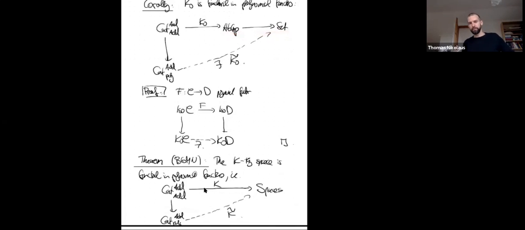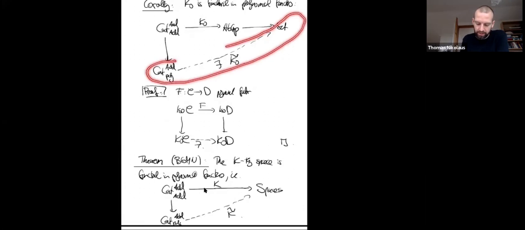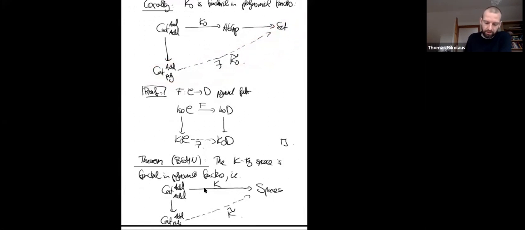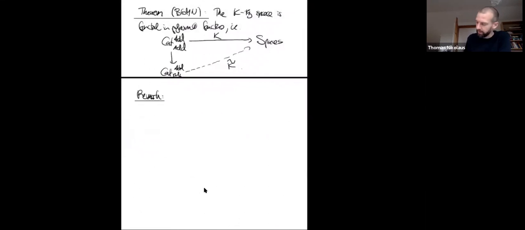I have forgotten the abelian group structure. So if I just knew that K-theory was a functor on additive categories and polynomial maps, it can only land in Z. And you might think this functor has somehow forgotten the abelian group structure, but it has not. And the reason is that, of course, for every additive category, the direct sum is polynomial.